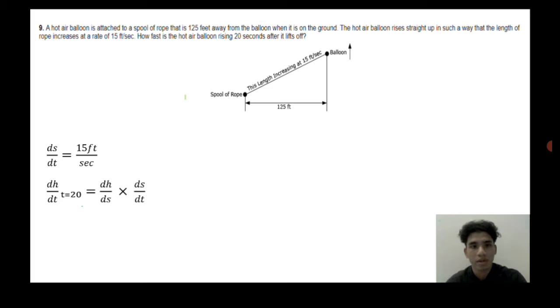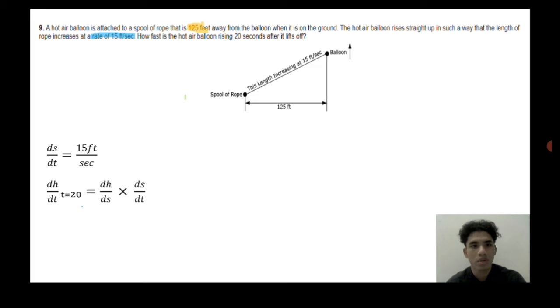The first one is the distance between the spool of rope and the balloon is 125 feet. And the length of the rope increases at a rate of 15 feet per second, or ds over dt is 15 feet per second.